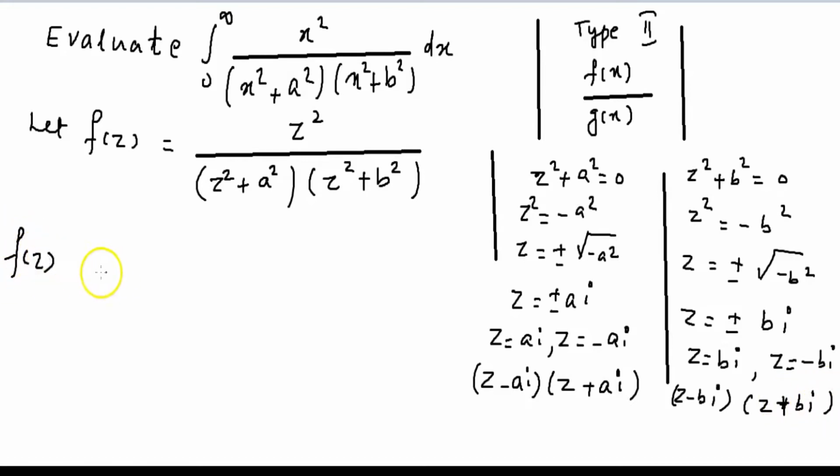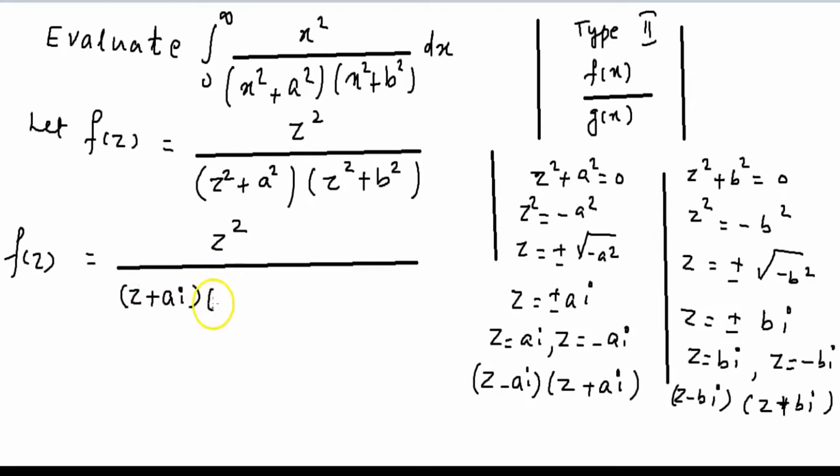Here f of z is z square by z square plus a square becomes z plus ai into z minus ai, and z square plus b square becomes z plus bi into z minus bi.